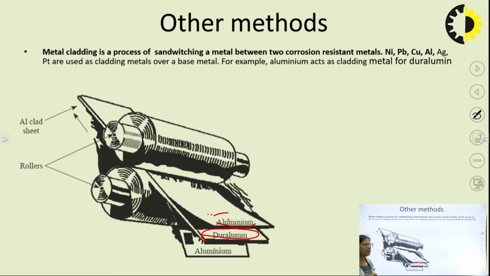And as long as the environment is oxidizing, this oxide surface is going to protect the things made of aluminium. So different metals like nickel, lead, copper, aluminium, silver, platinum are used as cladding material over the base metal. So this is another method where we can protect our metal from getting corroded.